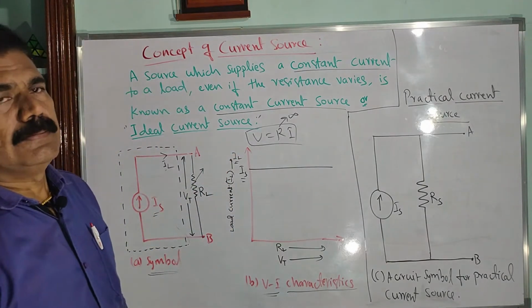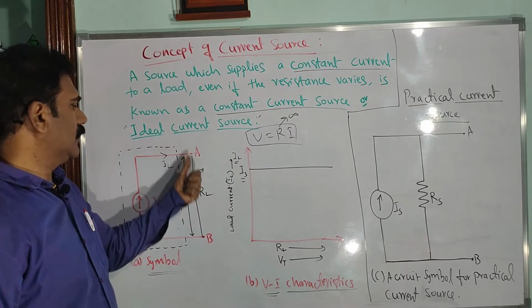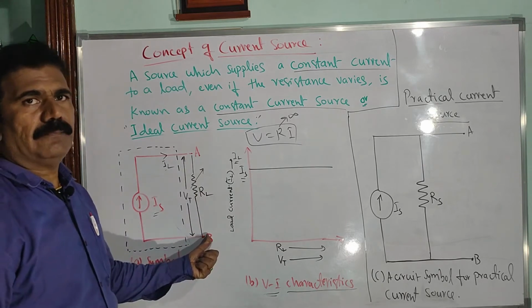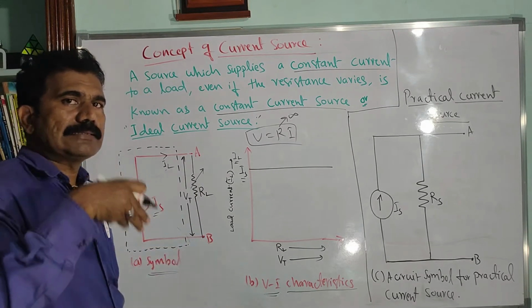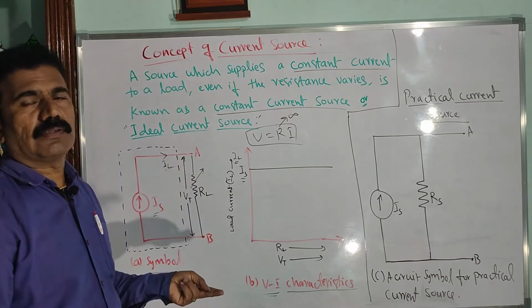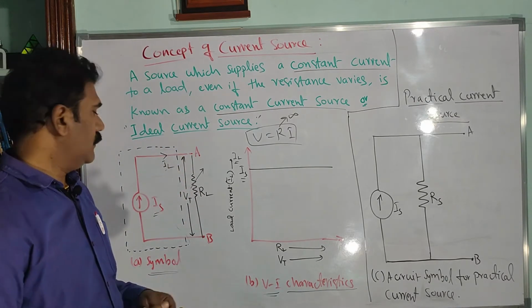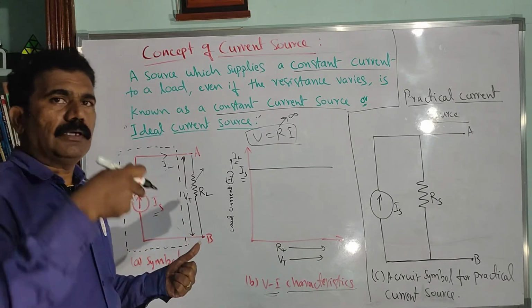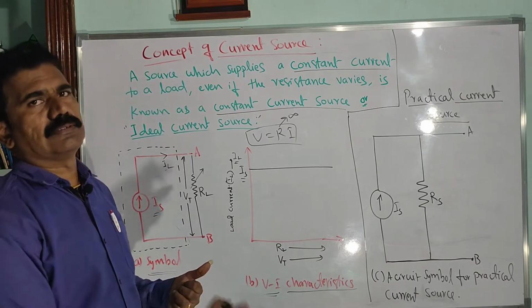Now I said it is not possible. Why? Because it is not possible to draw current across the open terminals A and B. Current has to find some path. Where is the path here? If the terminals A and B are open, there is no path for the flow of current, correct? So it will find a path by itself through the source itself.